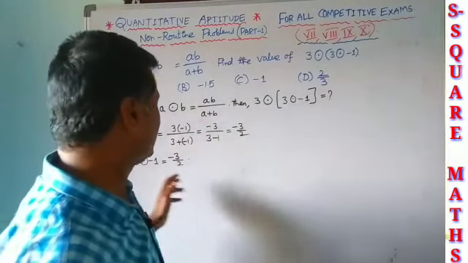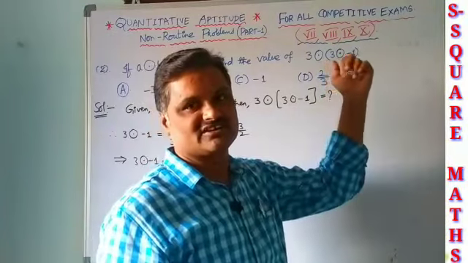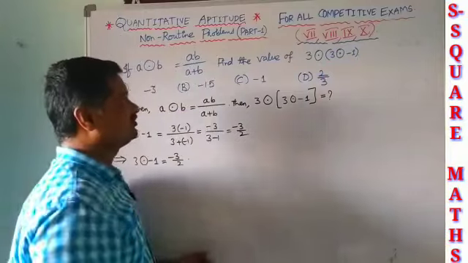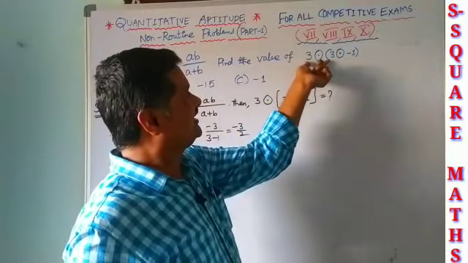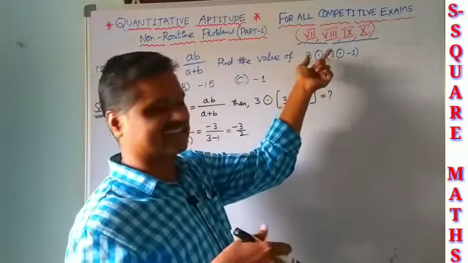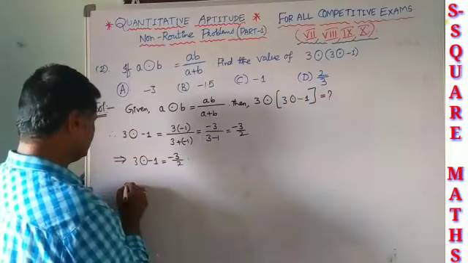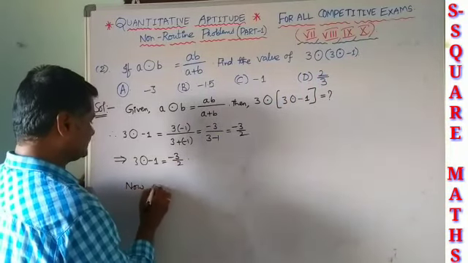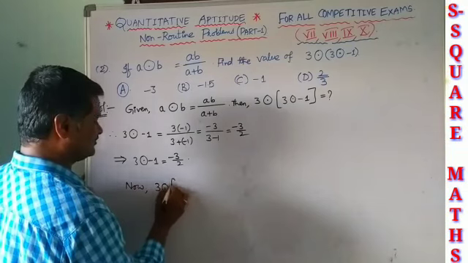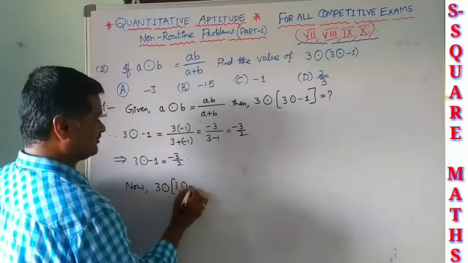So this is the value of 3 circle dot minus 1. Now what should we do? For this value we have to apply the left part, 3 circle dot of 3 circle dot minus 1.